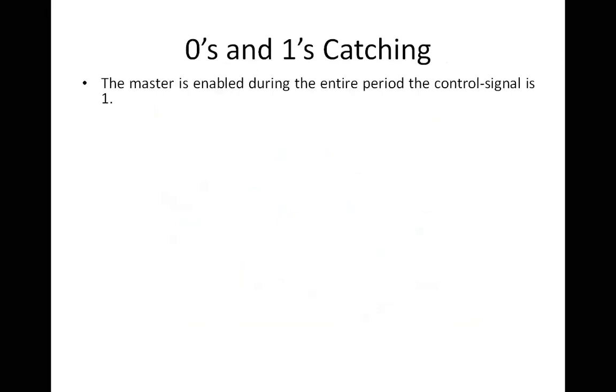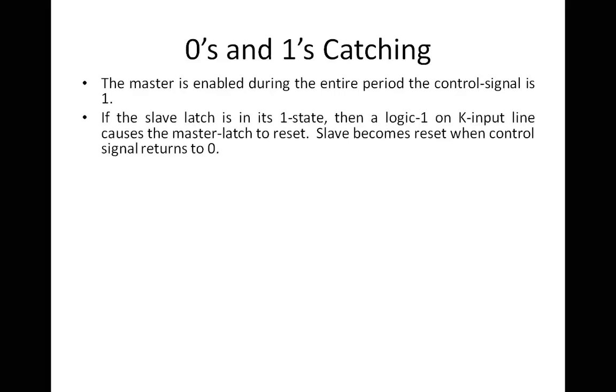The master is enabled during the entire period when the control is 1. That we all know. The slave latch in its 1 state, then a logic 1 on K input line causes the master latch to reset. Slave becomes reset when control signal returns to 0. That is, when C is equal to 0, then C bar is actually given to your slave.